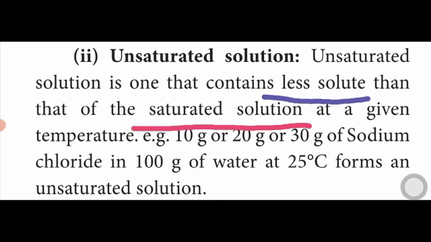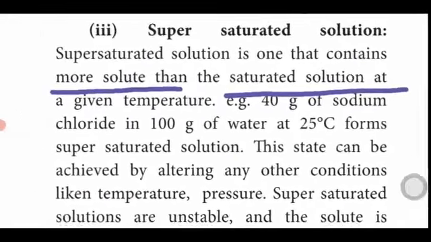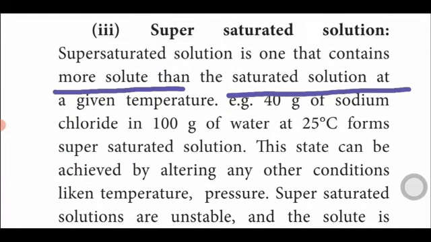Let's see another type of solution: supersaturated solution. What is a supersaturated solution? A supersaturated solution is one that contains more solute than the saturated solution at a given temperature.